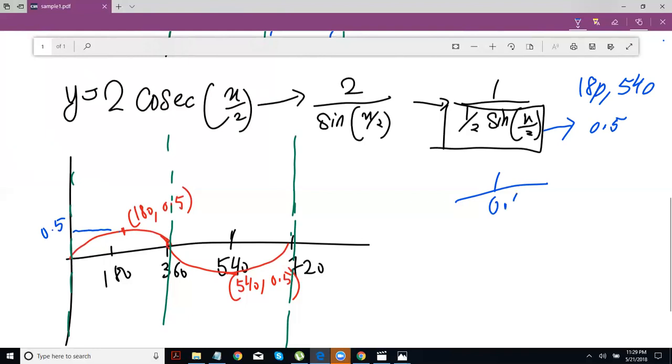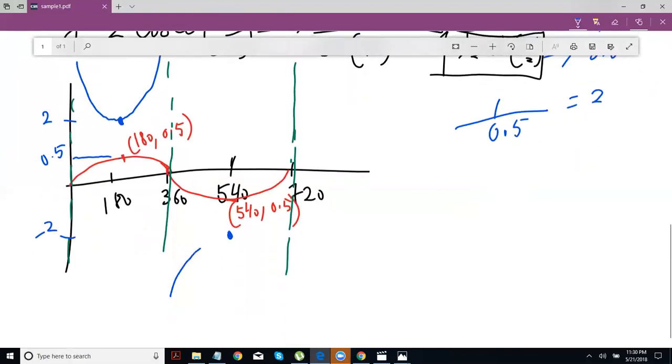So 1 upon 0.5 is what? Is 2. So your plotting at 180 should be 2. And obviously at 540 it's giving you minus 0.5. So here it should be minus 2. This is 2. This is minus 2. And then you do the rest. Rest has no change. It comes down from that asymptote at a very high value.